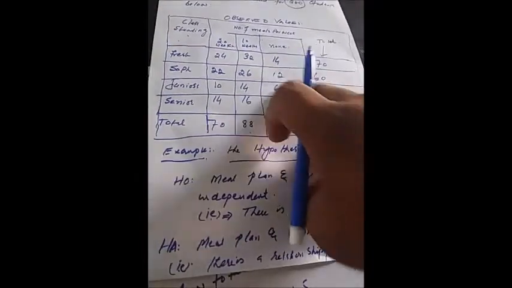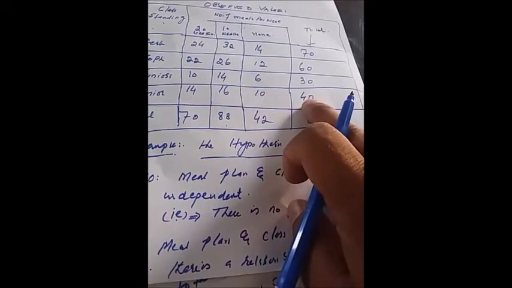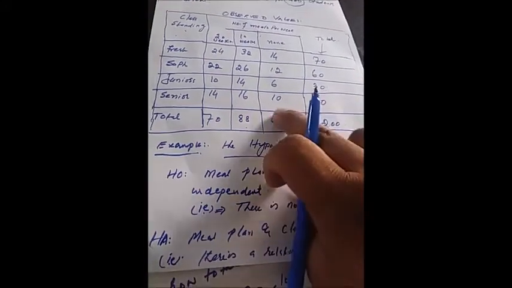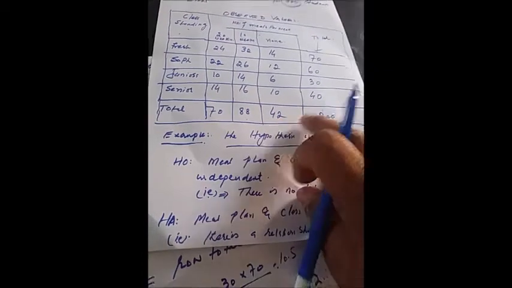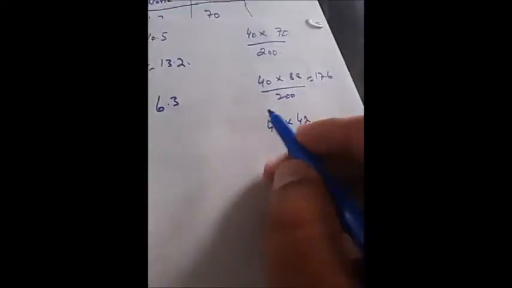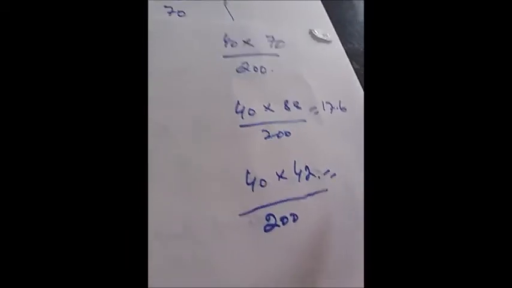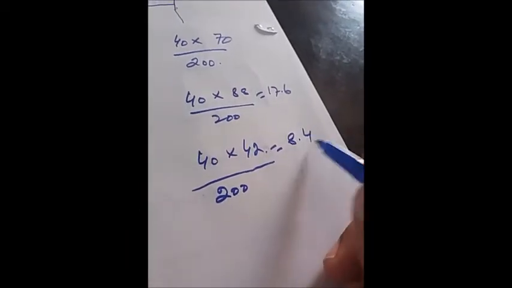With the same method, for the none category, we have a row total of 40 and a column total of 42. 40 multiply 42 divided by 200, which is equal to 8.4.